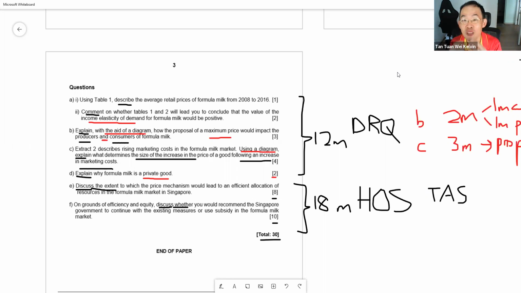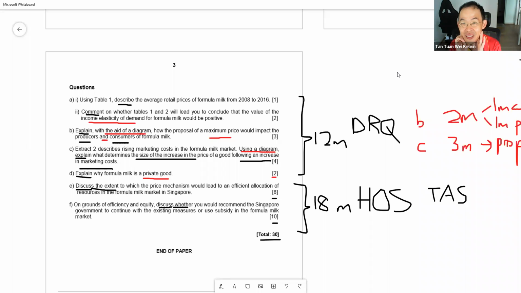So for your final stand, you can then state where you are going to put your chips on, which is the stand that you want to take. So try not to contradict yourself in your answer, and most definitely don't state your stand in your introduction.